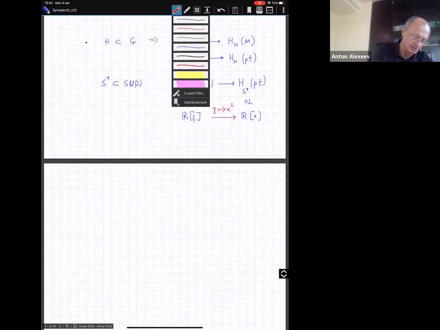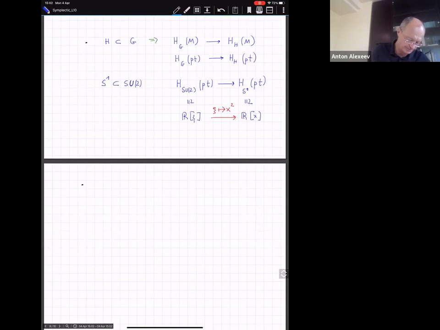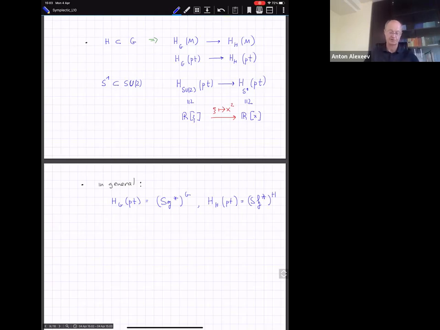So in general, it works as follows. We know that H_G of a point is S(g star)^G, and H_H of a point is S(h star)^H, right?